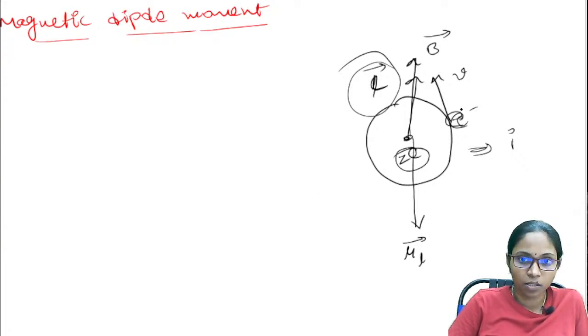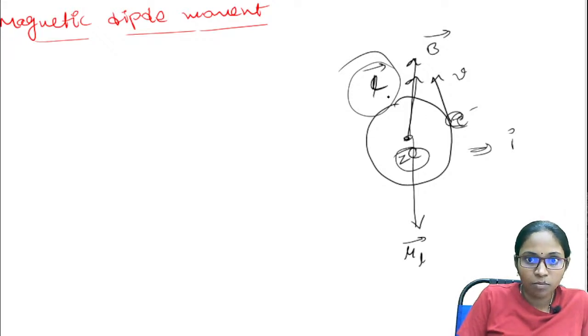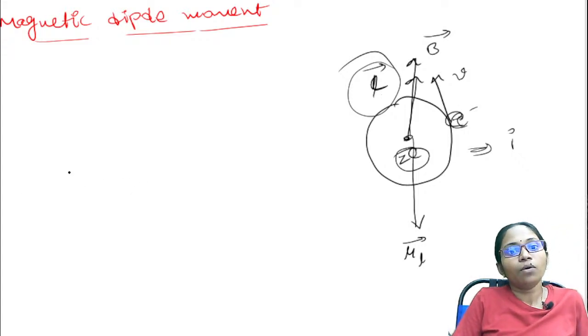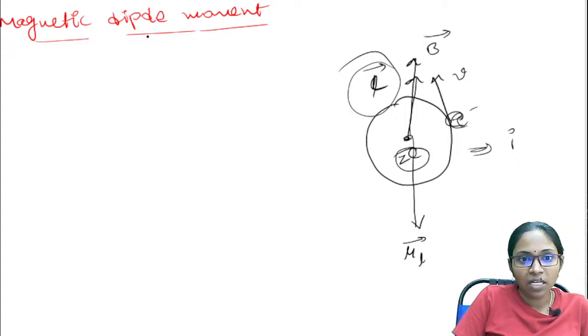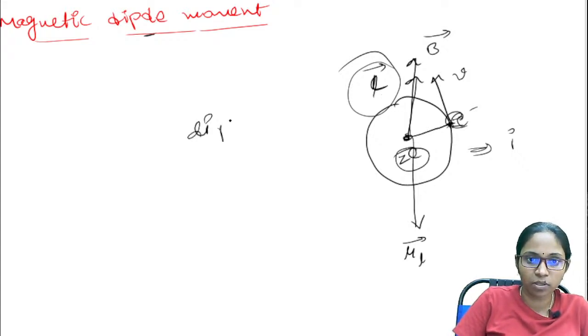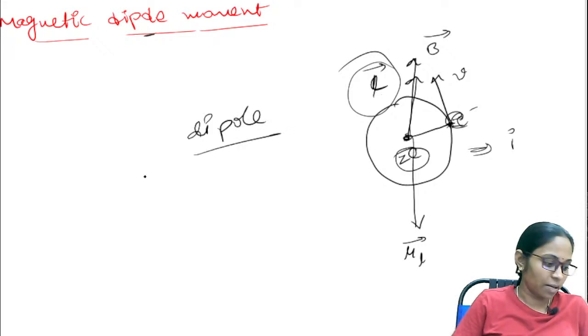That means these two vectors are anti-parallel to each other. Now here we have the magnetic dipole moment. Here we have Ze and e bar. These charges act as a dipole.